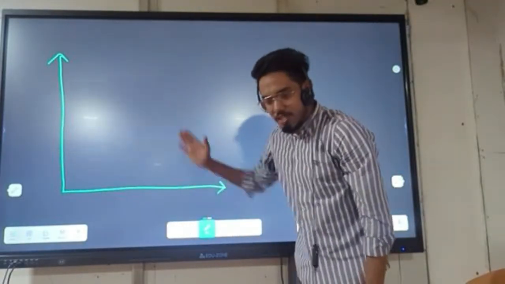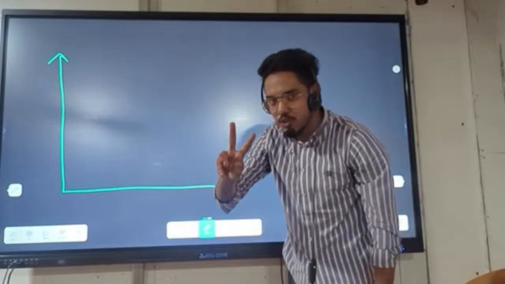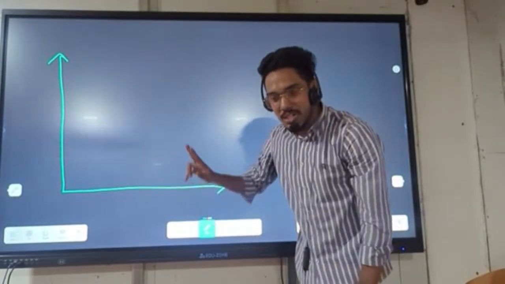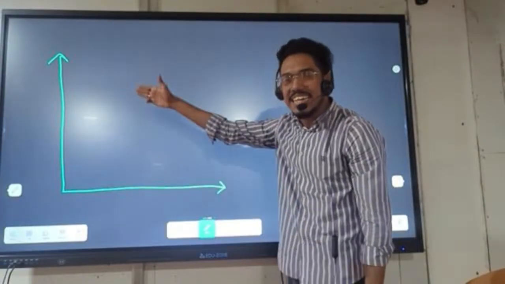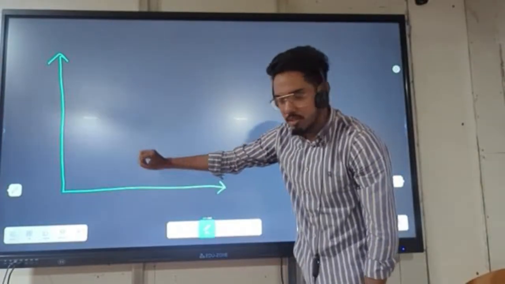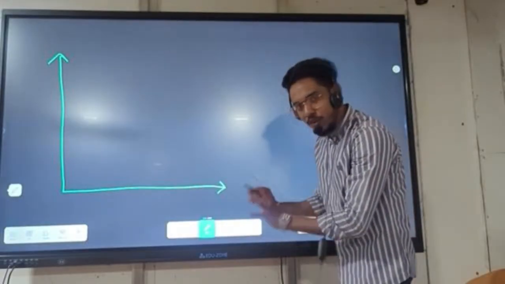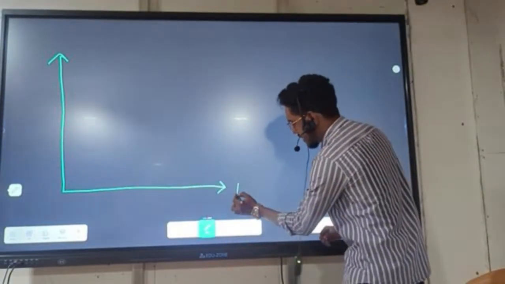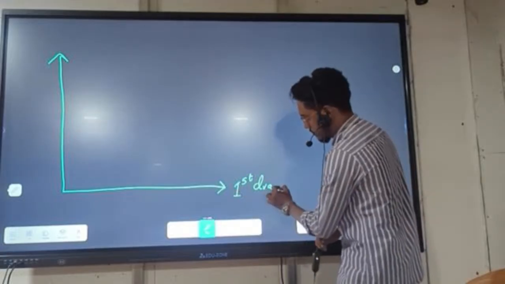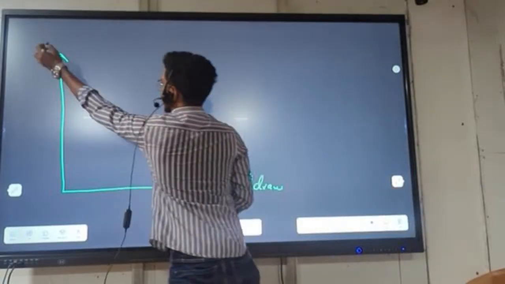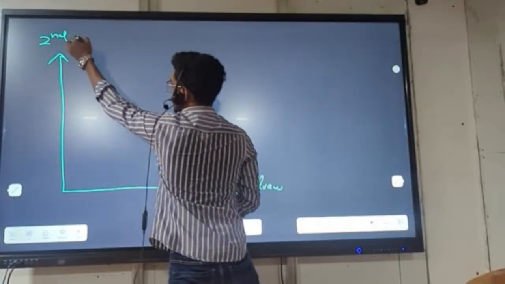We have two sides, right? And we have two draws also. So I'm going to name the two lines, or the two axes, as the draws. Any way you want, you can name, no problem. I'll take this as my first draw, and this as my second draw.